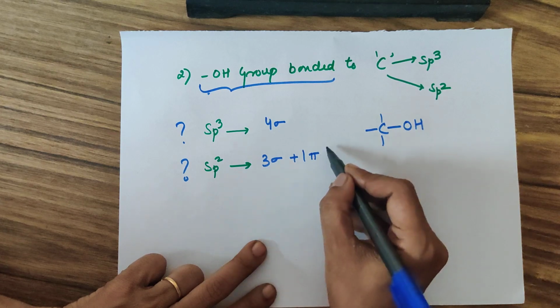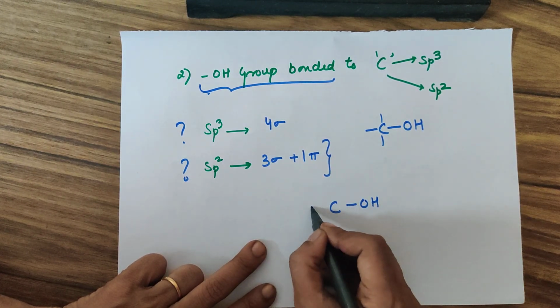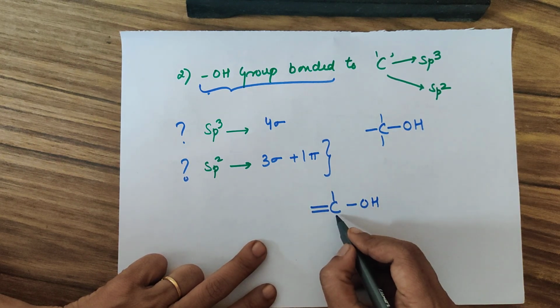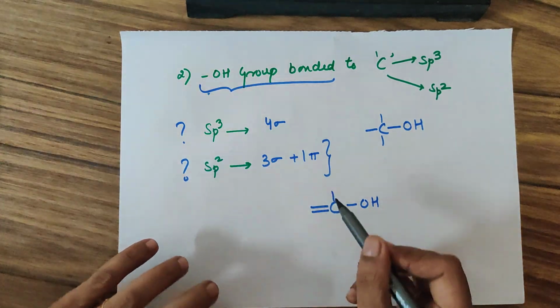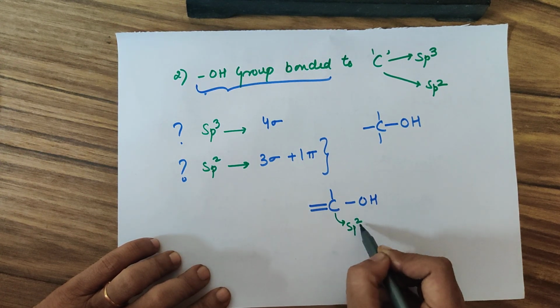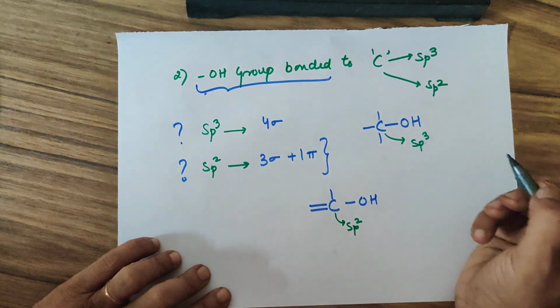While if I talk about this particular one, you have an OH group attached to a carbon which in turn is involved in a double bond. So since this particular carbon in this case has got 3 sigma bonds and 1 pi, this falls under the category of sp2 hybridized carbon, while this is your sp3 hybridized carbon.